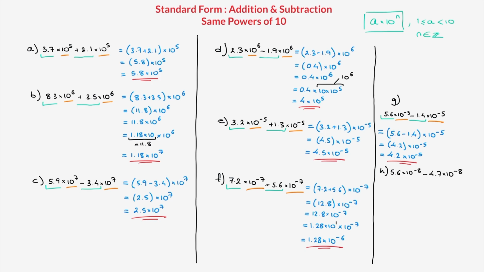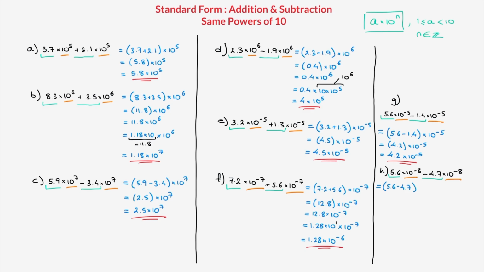Well, firstly, we quickly see that both terms involve the same power of 10. Indeed, we have a 10 to the power of negative 8 there, and a 10 to the power of negative 8 here. Consequently, we can use the same method again and state that's equal to, in parentheses, 5.6 minus 4.7. I'll quickly write that. That's 5.6 minus 4.7.